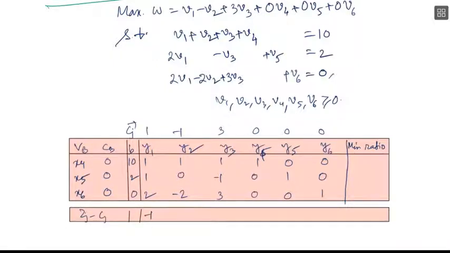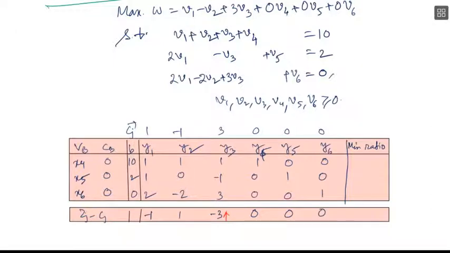This is minus 1, this is plus 1, this is minus 3, and these are 0. We see minus 3 is the most negative zj minus cj, so x3 will be the next incoming variable.